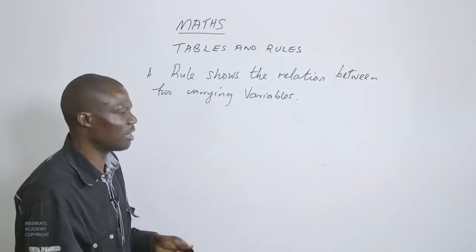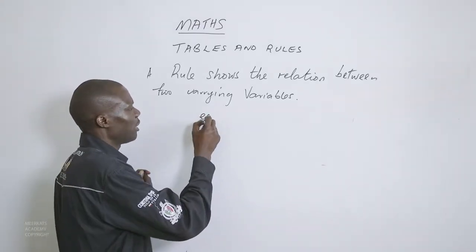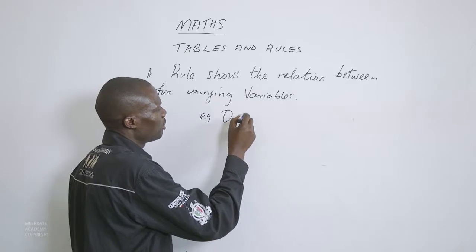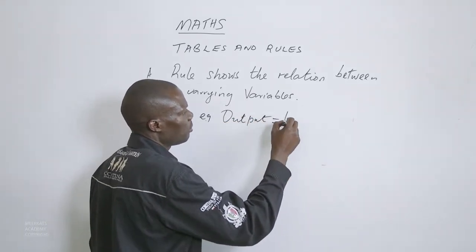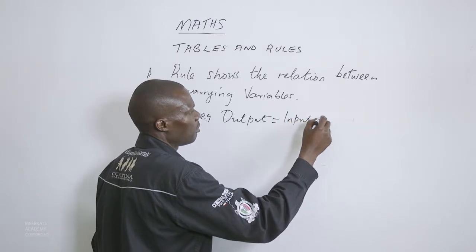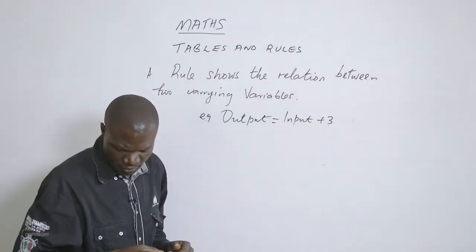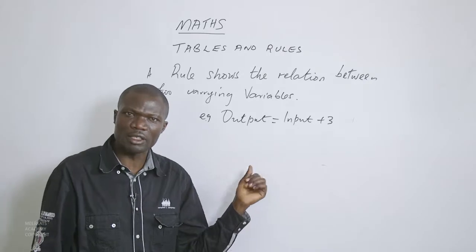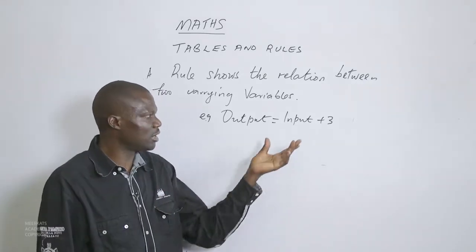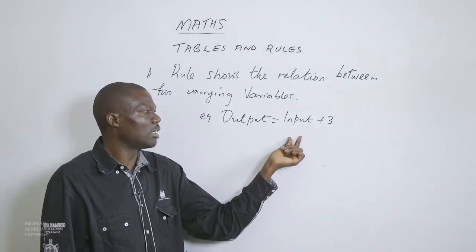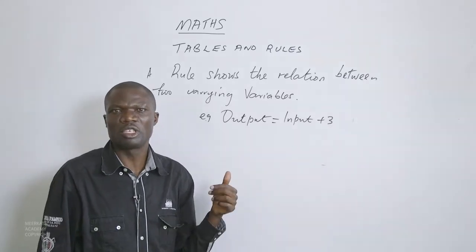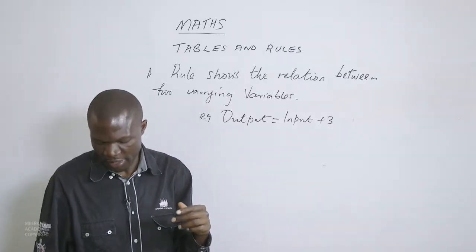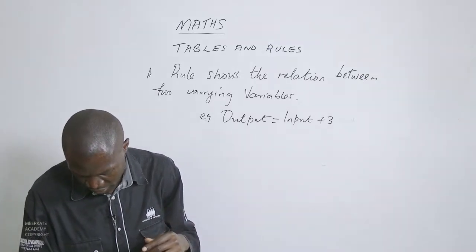So we can have an example, like output is equal to input plus 3. This is a rule. It shows us the connection of input and 3 to give us the output that we intend to have.